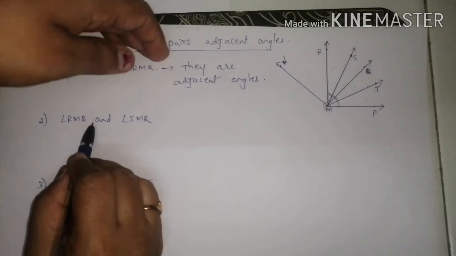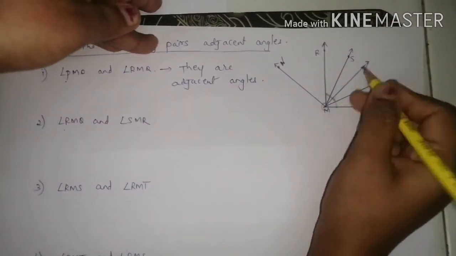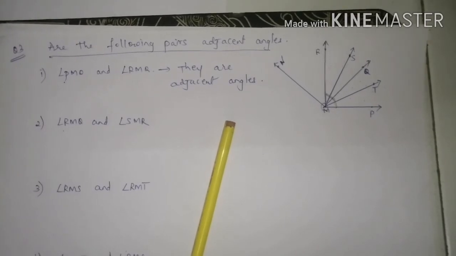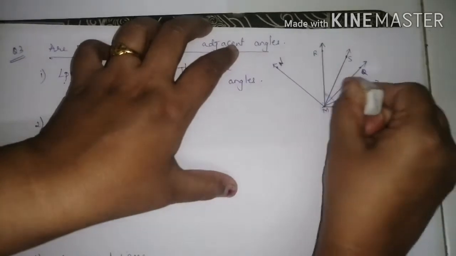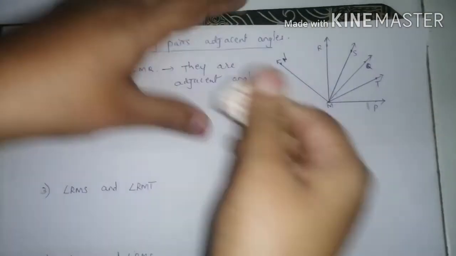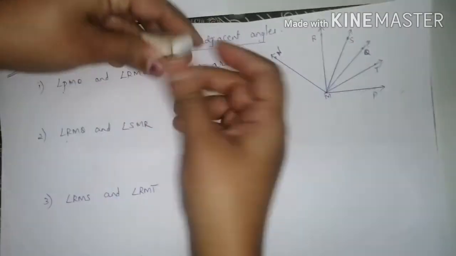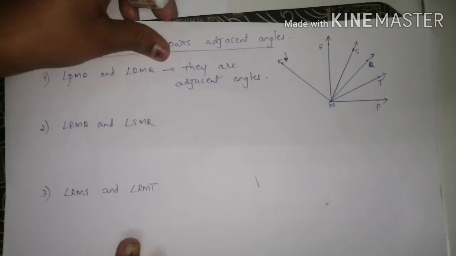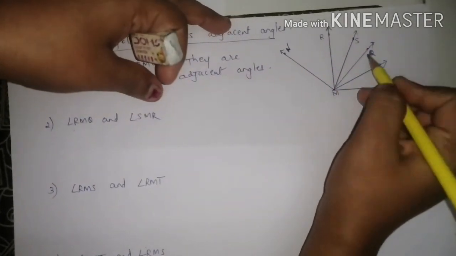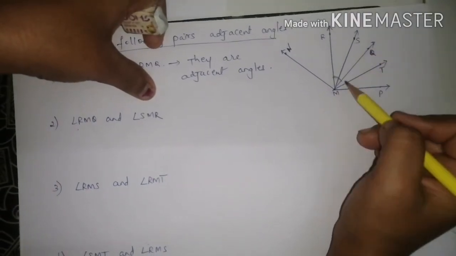Now the second one, angle RMQ and angle SMR. I'll rub the previous one so that confusion will not be there. Let's see the second one. Angle RMQ, this one, and SMR.